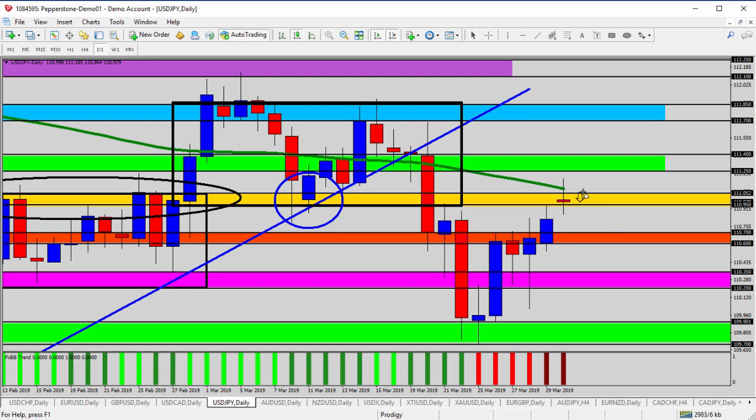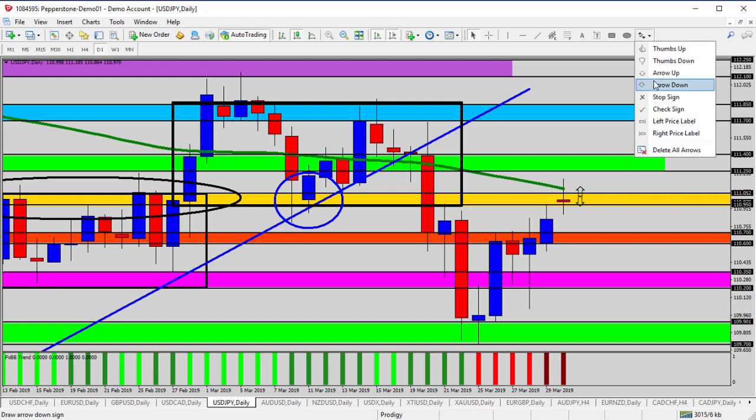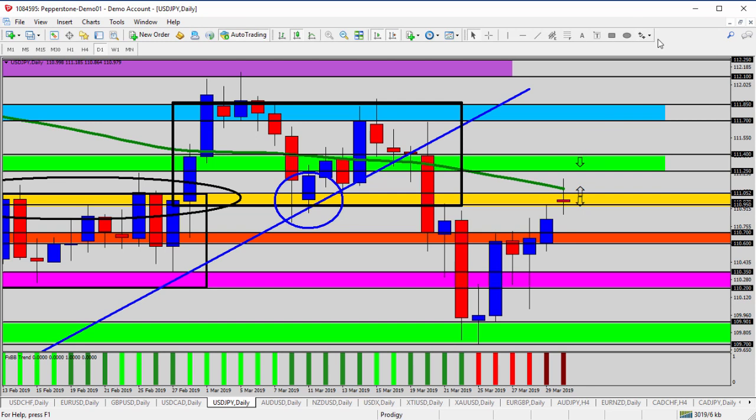One is a good bounce off of it and go back down, reversing the trend back to a downtrend, taking this rising move and turning it back down to a falling move. The other side is that it continues to go higher, breaks through there, and continues the rising move towards the green zone or higher. So the yellow zone is very interesting for us today. Breaking higher goes to the green zone, breaking lower goes back to the orange zone or lower. That's really the basis of everything we're going to look at here on the dollar yen today.